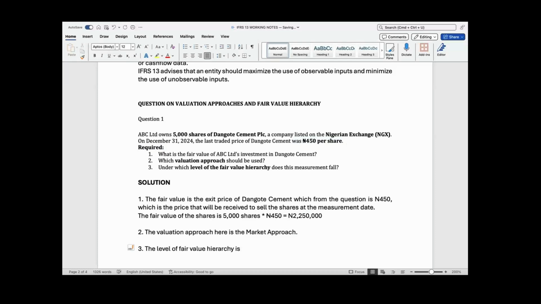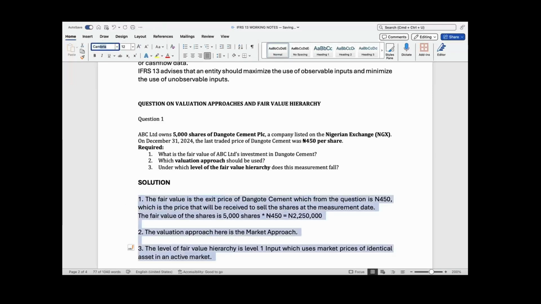It's level 1 inputs here, which uses market prices of identical assets in an active market. So this is a level 1 hierarchy, and this is the best. The standard loves this level.